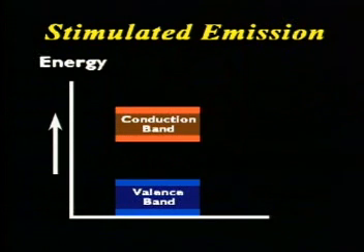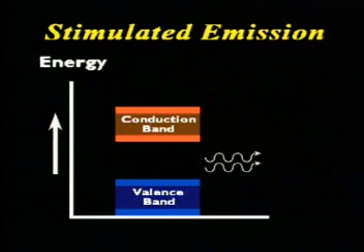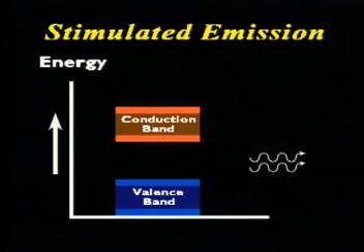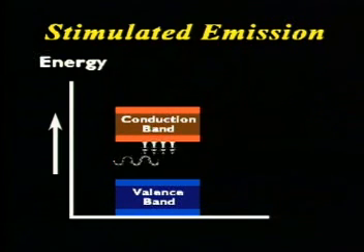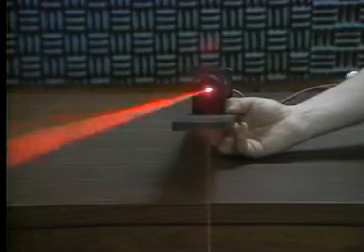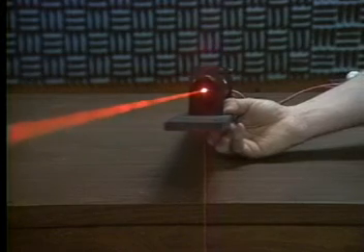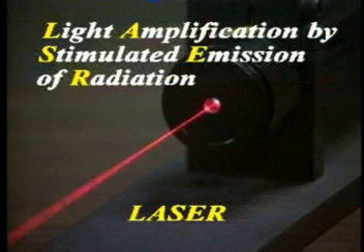The wavelength of both the photons will be identical because they carry the same amounts of energy. In addition, the waves of both photons will be in lockstep with each other. The waves are said to be coherent. Stimulated emission is the basic operating principle of lasers. The word laser is an acronym for light amplification by stimulated emission of radiation.